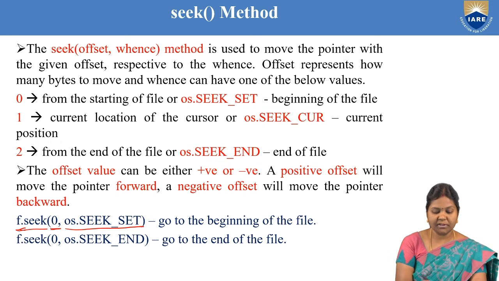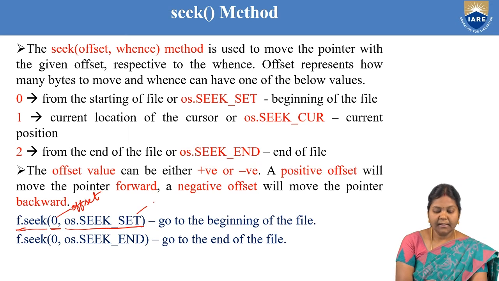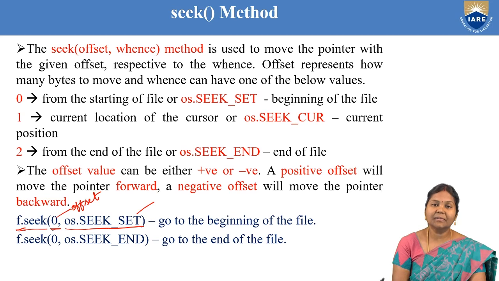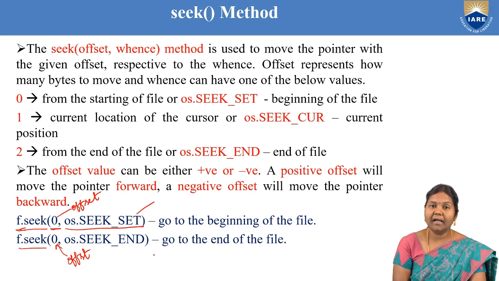The offset value is 0, and SEEK_SET indicates that you are at the beginning of the file and you don't want to move from there. That means your cursor will be at the beginning of the file only. Next, if you write f.seek(0, os.SEEK_END), that means it indicates that you are going to the end of the file.